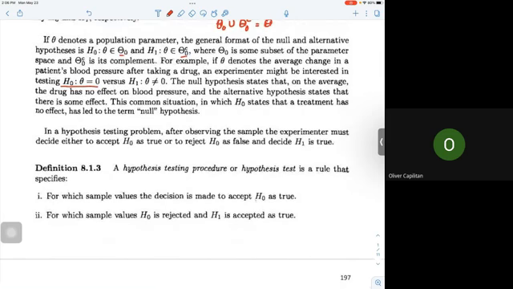In a hypothesis testing problem, after observing the sample, the experimenter must decide either to accept the null hypothesis as true, or fail to reject our null hypothesis, or to reject our null hypothesis as false and then decide that the alternative hypothesis H sub 1 is true.